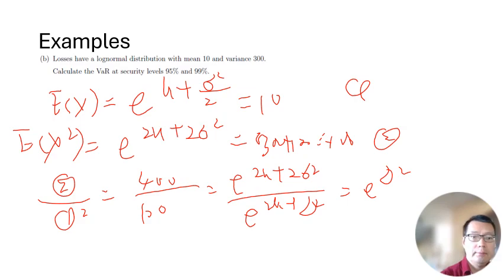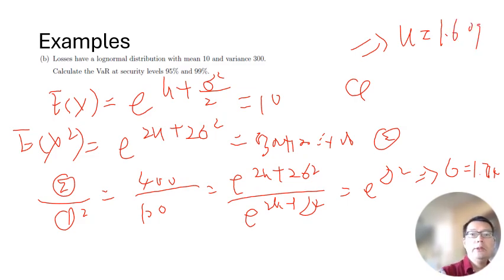From there, you can calculate omega squared to be 1.774, and you can calculate U to be 1.609.